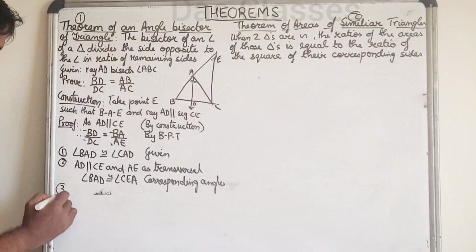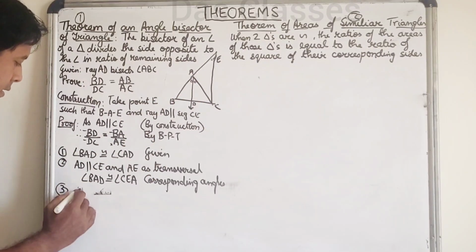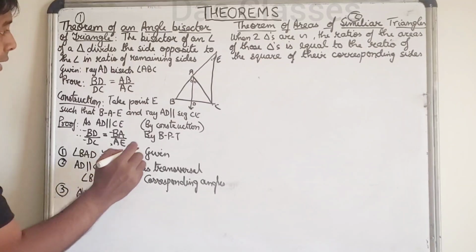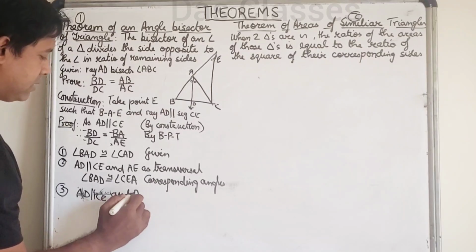Next, again AD is parallel to CE, and this time I'm considering AC as the transversal.